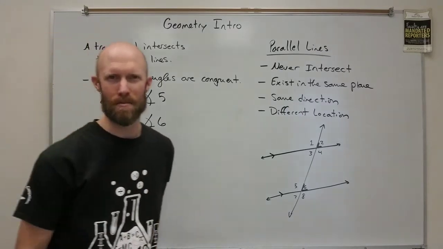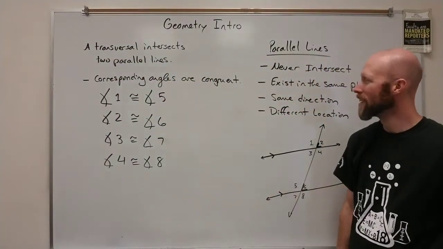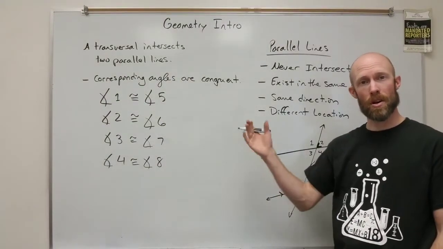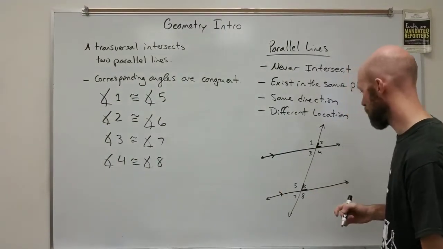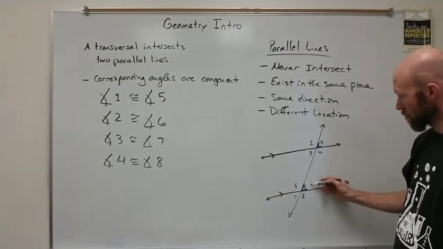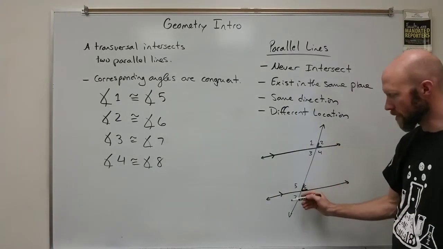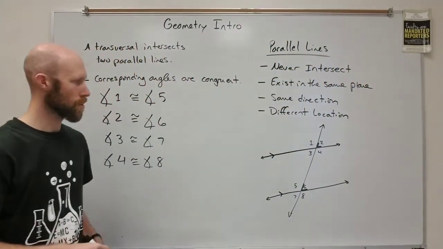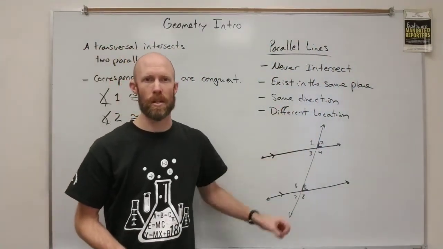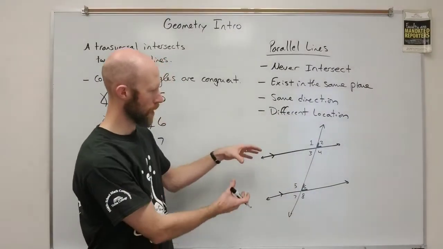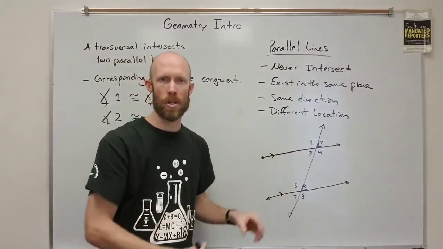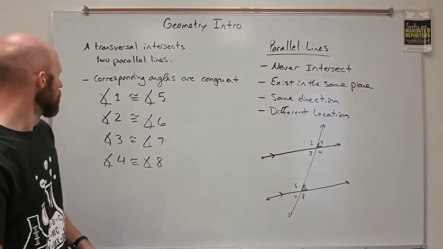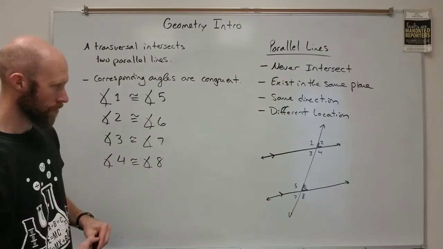Doing that fast, I'm missing a little bit of detail. I think I got it right. Okay, so those 4 relationships are a result of the corresponding angles, okay? So 2 and 6, 4 and 8, 1 and 5, 3 and 7, those pairs are all corresponding angles. They're in the same position with respect to the transversal on each parallel line.